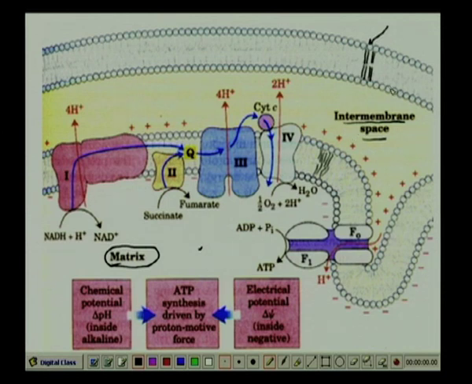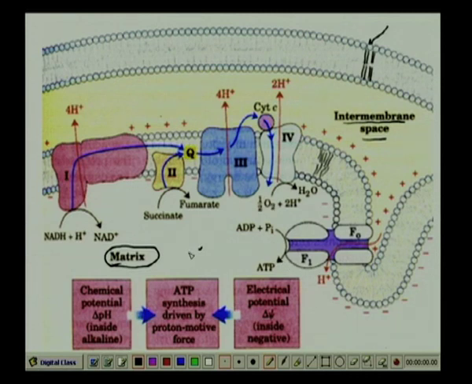Now, if you look at this, both of these are actually inside the mitochondria, but this is the intermembrane space and this is the matrix. Then, based on the chemical potential and the electrical potential, we have ATP synthesis driven by the proton motive force.